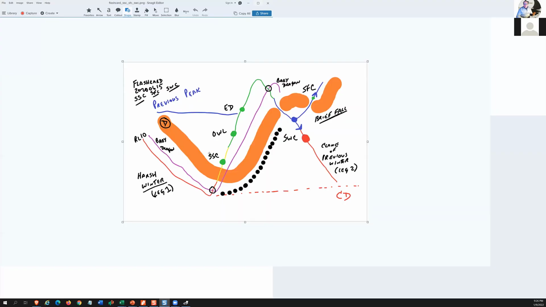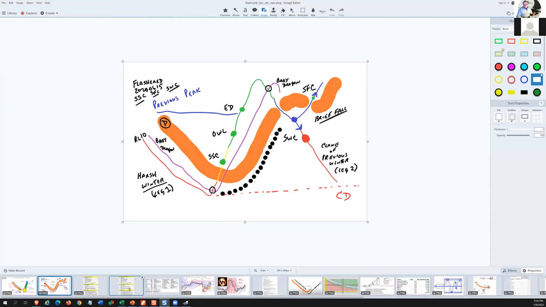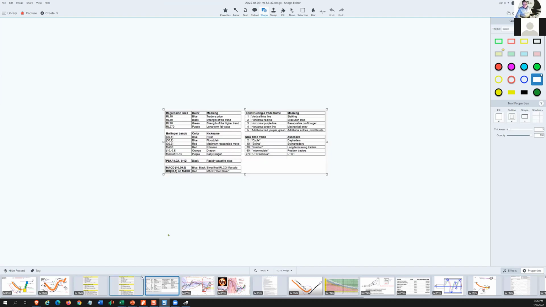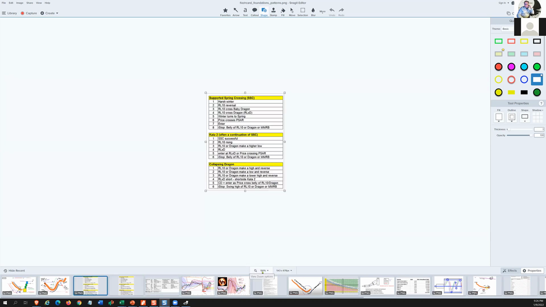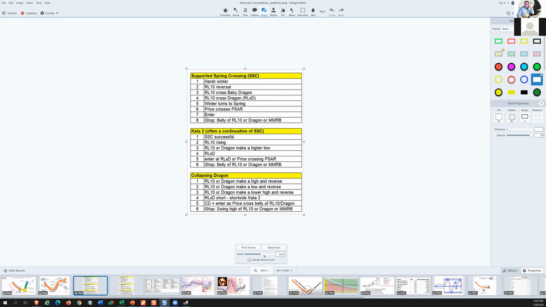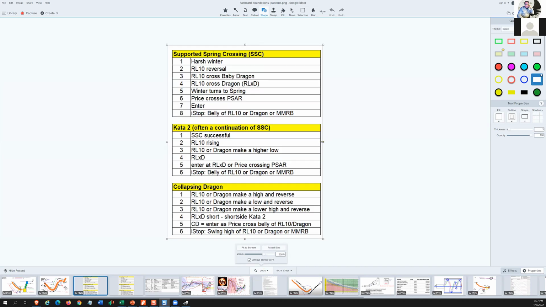I've added a flashcard in Campfire for us. There's just a quick summary of the indicators and how we set them up. There is a summary of the main patterns of the foundations.